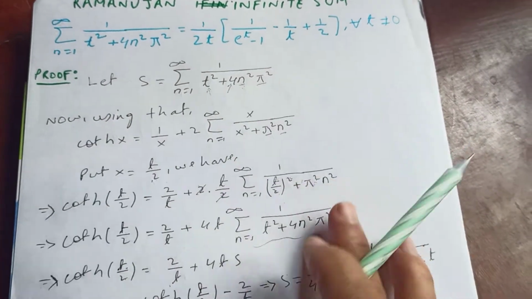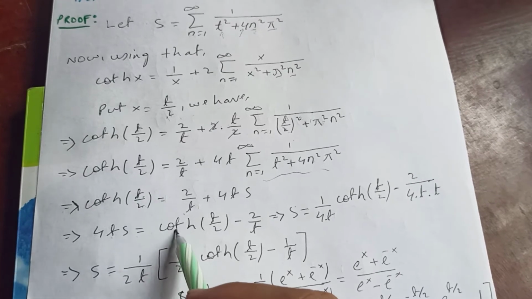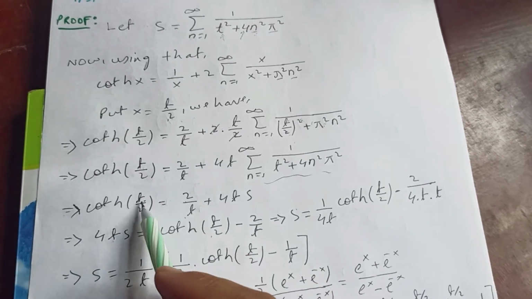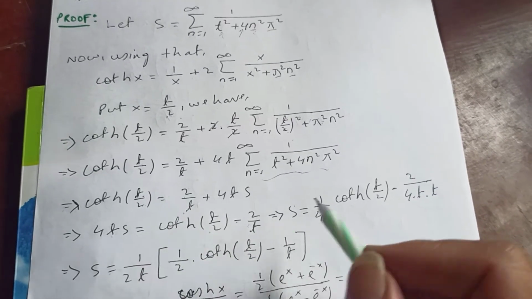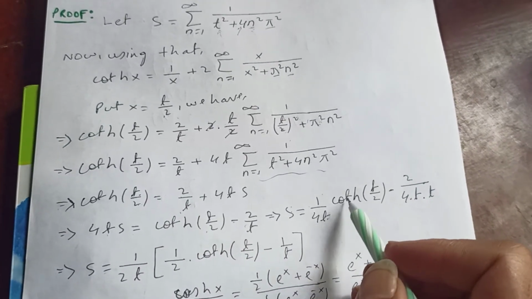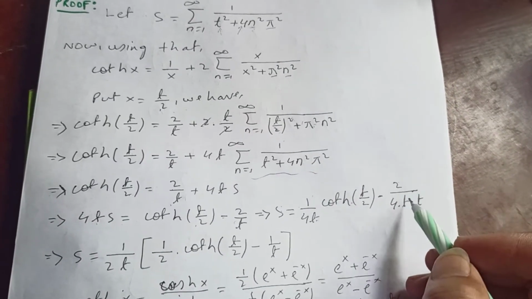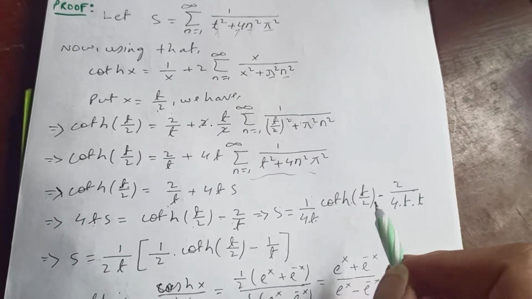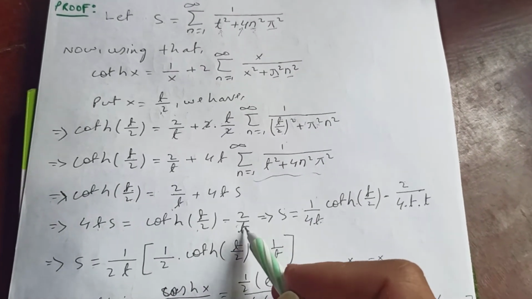So now finding S, 4tS is nothing but coth of t upon 2, this one transferred here, minus 2 over t. This implies that S is nothing but 1 upon 4t times coth of t upon 2 minus 2 upon 4t, right? This 4t into this t.